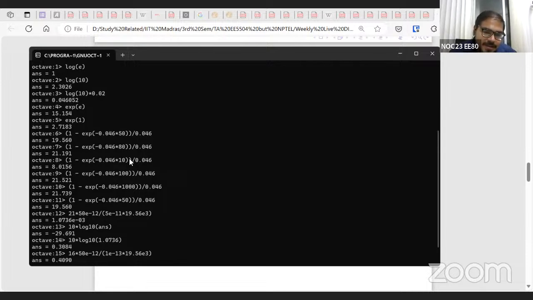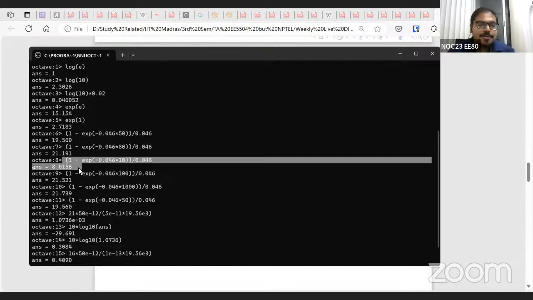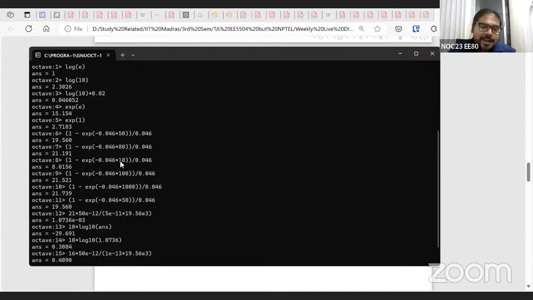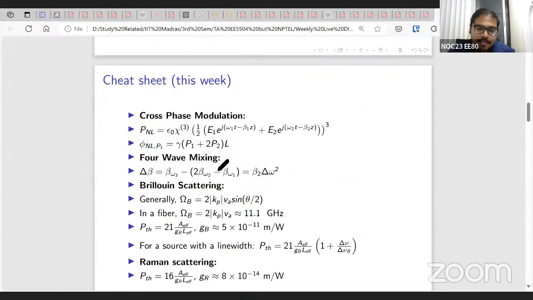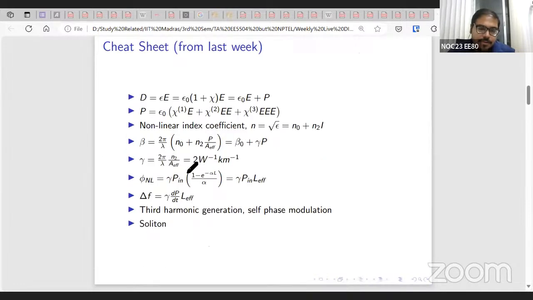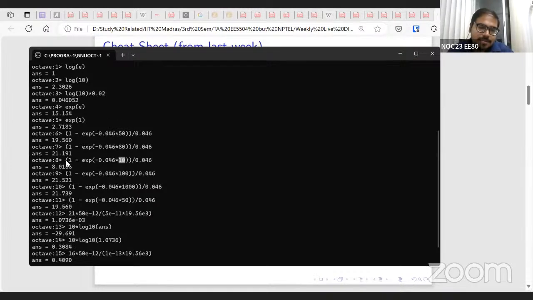Here the answers that you were looking for, the end of the video examples, were these ones. What is the L effective for 10 kilometer? You put it in this equation: 1 minus e to the power minus alpha L divided by alpha, with alpha in nepers per kilometer here.